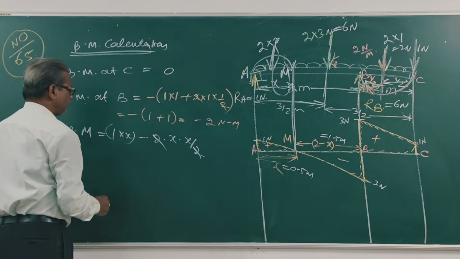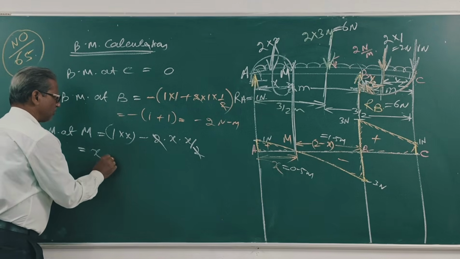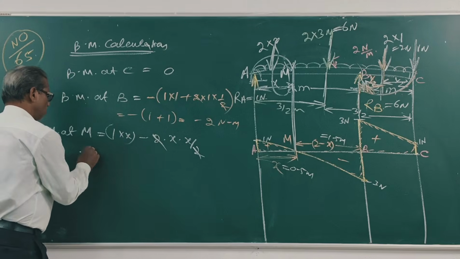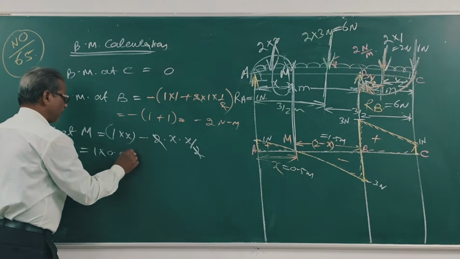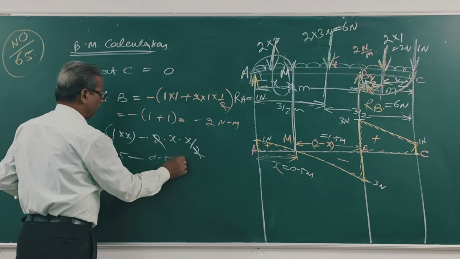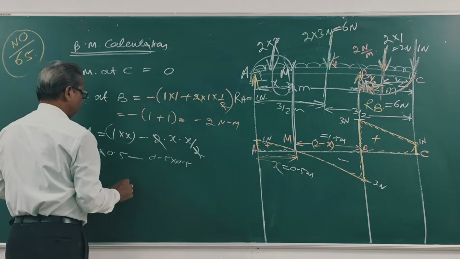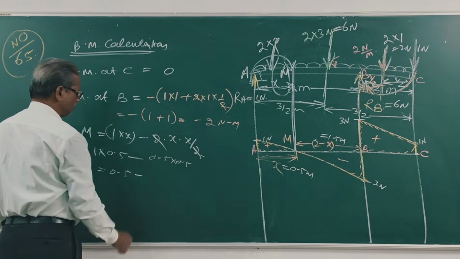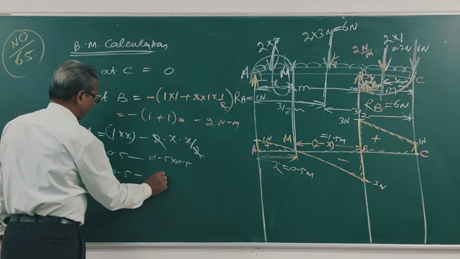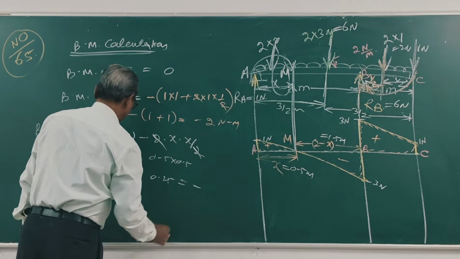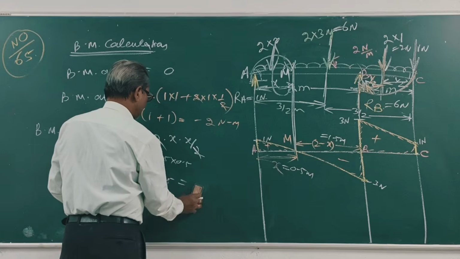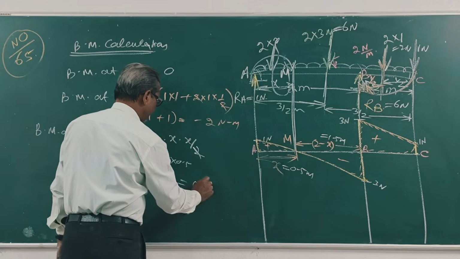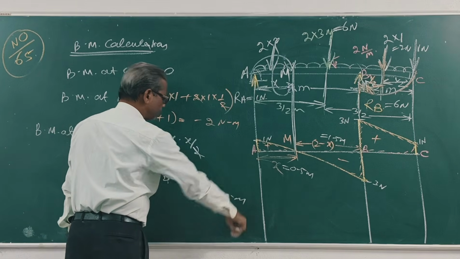This is x square. x minus x square, with x equal to 0.5, is 0.5 minus 0.5 into 0.5, is equal to 0.5 minus 0.25, plus 0.25 Newton meter.